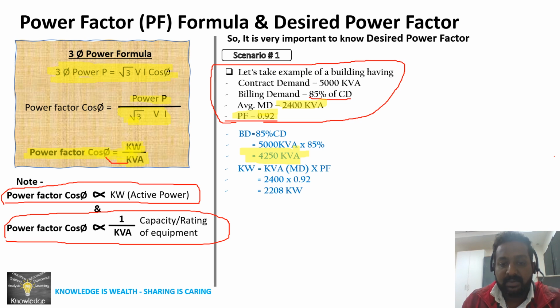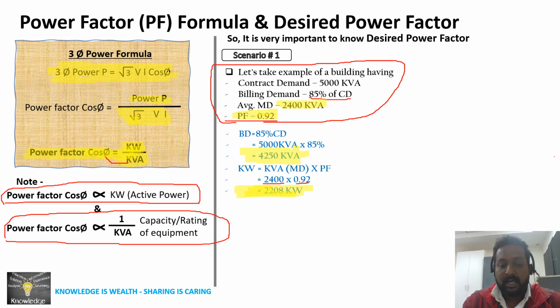So 2400 into 0.92 is coming to 2208 kilowatt, or 2.2 megawatt. That's what we derive. Whenever you are asked what your building capacity or building load is, we used to say 2.2 megawatt, 3 megawatt. So in this calculation, the building capacity is coming to around 2.2 megawatt.